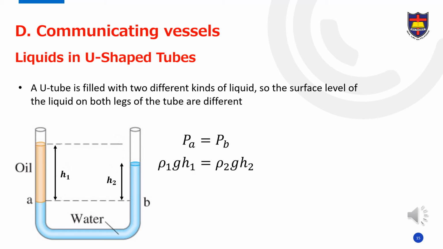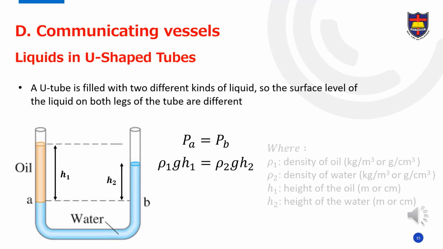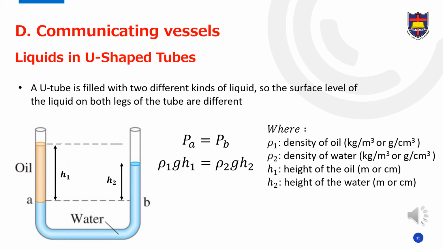And we know that P is rho times g times h. So we can substitute PA and PB: rho 1 times g times h1 equals rho 2 times g times h2, where rho 1 is the density of oil, rho 2 is the density of water, h1 is the height of oil, and h2 is the height of water.